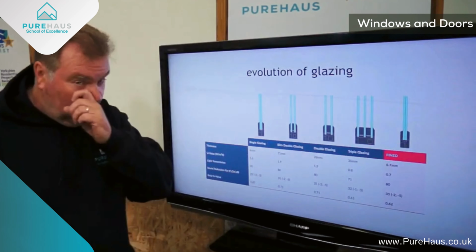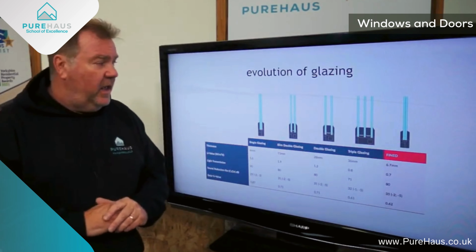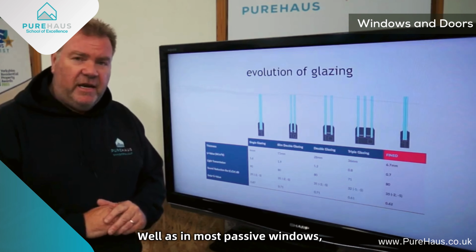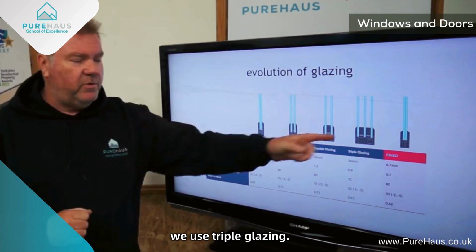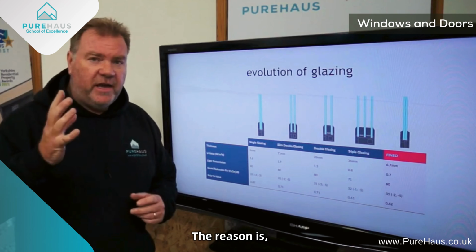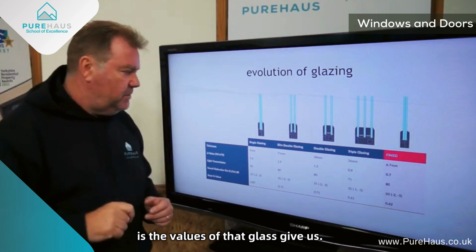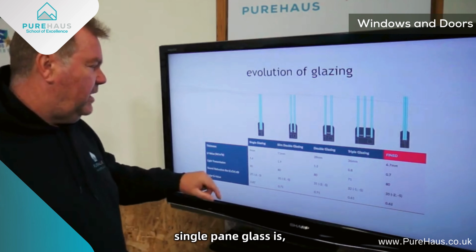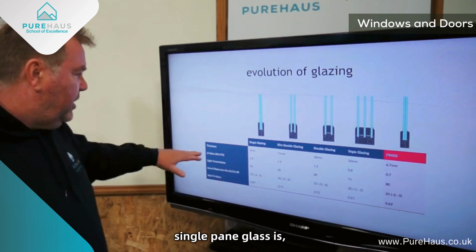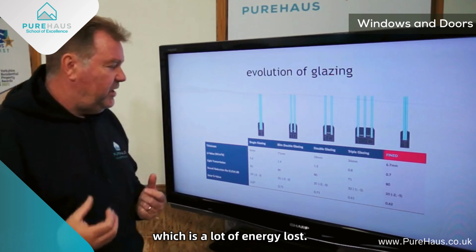Glazing. What types of glass are there? As in most passive windows, we use triple glazing. The reason is the values that glass gives us. Now, single pane glass is a U value of 5.8. That means that you've got 5.8 watts per square metre Kelvin going through that glass, which is a lot of energy lost.